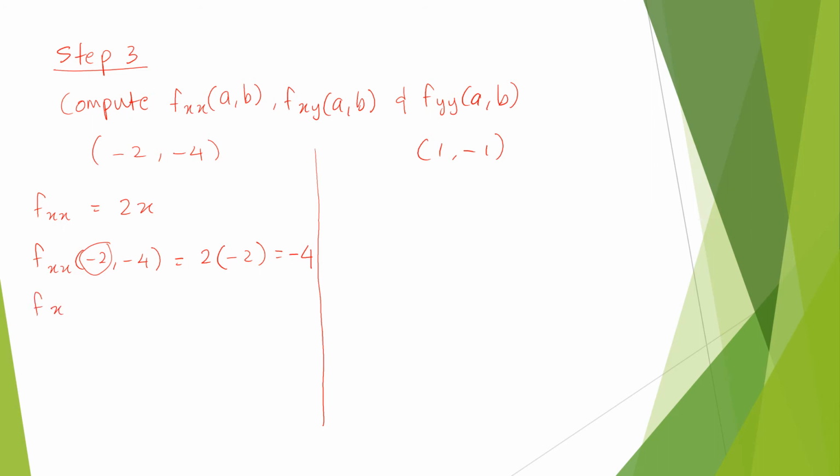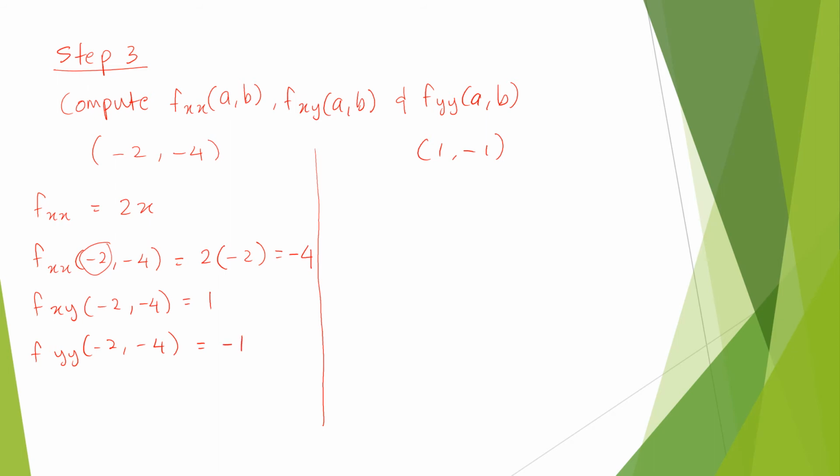Okay, next we find fxy at -2, -4. What is our fxy from the first step? 1. No variables involved here, only 1, so the value is fixed to be 1. Next, fyy at -2, -4. We have our fyy also fixed to be -1.